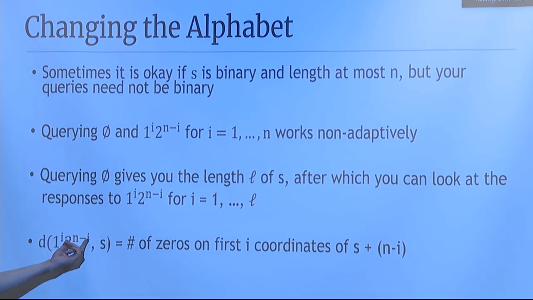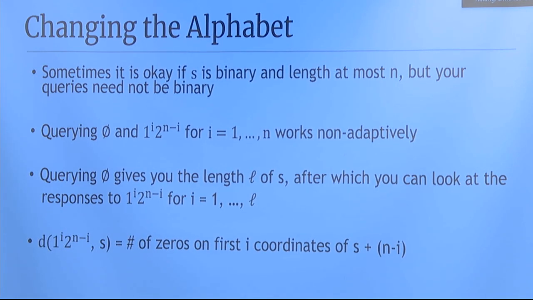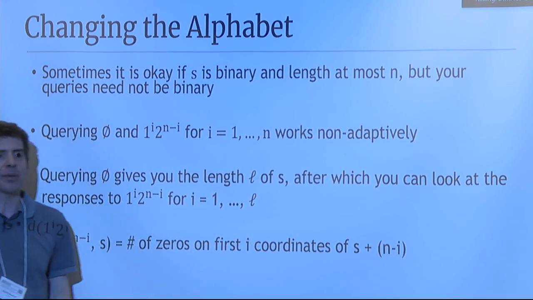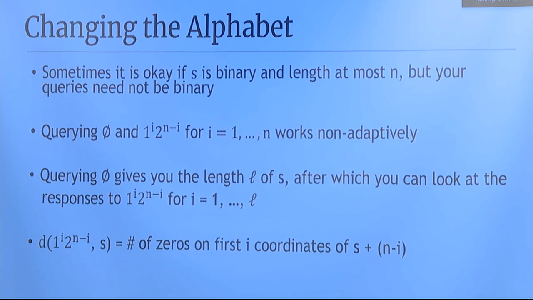I have to get n minus i 2s, and I don't have any 2s to start with, so there's an n minus i there. On this prefix of i elements, I have some number of 1s, but for all the 0s that I have in my secret, I have to pay that. You can try fiddling around with insertions and deletions, but they don't help here for similar reasons that we talked about before.